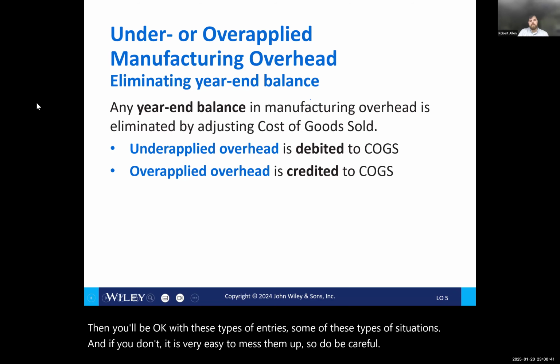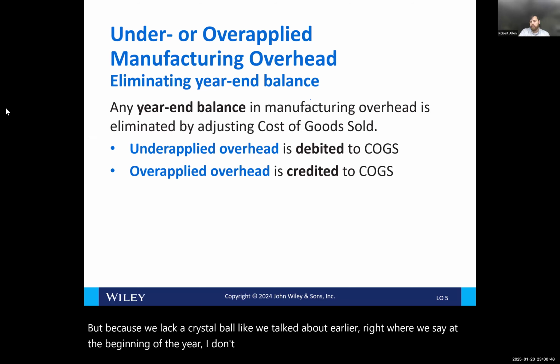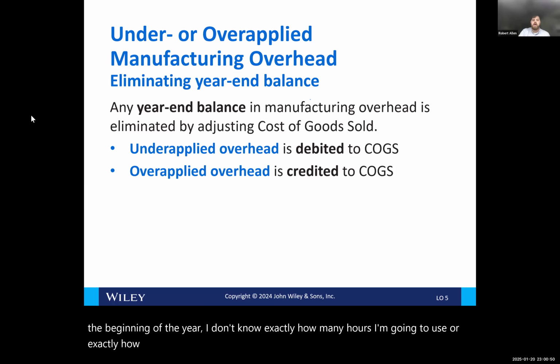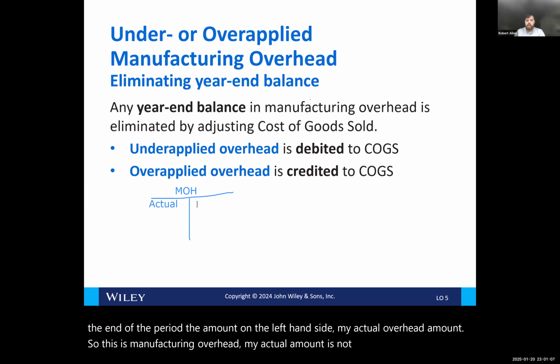But because we lack a crystal ball, like we talked about earlier, where we say, well, at the beginning of the year, I don't know exactly how many hours I'm going to use or exactly how many dollars I'm going to spend on my overhead, then it's very likely at the end of the period, the amount on the left-hand side, my actual overhead amount in manufacturing overhead, is not going to be equal to the applied amount.